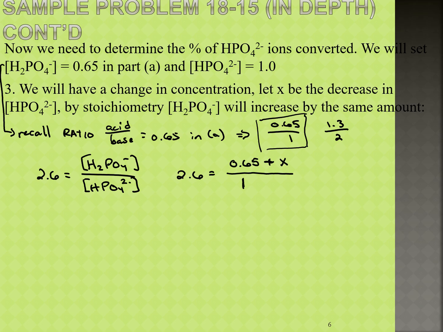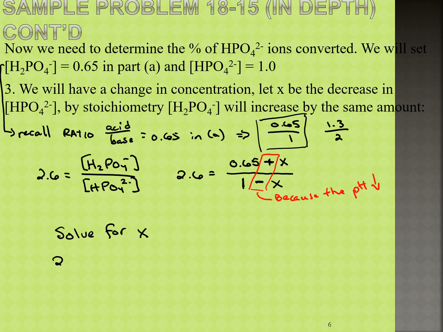If the acid part is increasing, then the base part must be decreasing. So we know that because our pH is going down, the acid's going up and the base is going down. Now we just have to solve for our x.